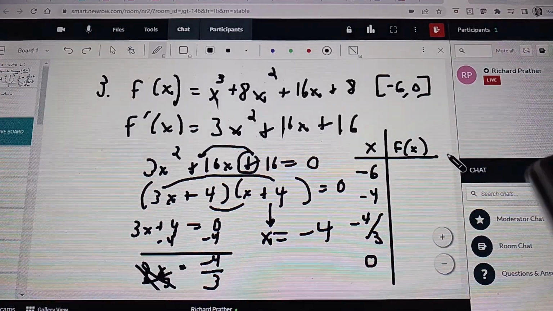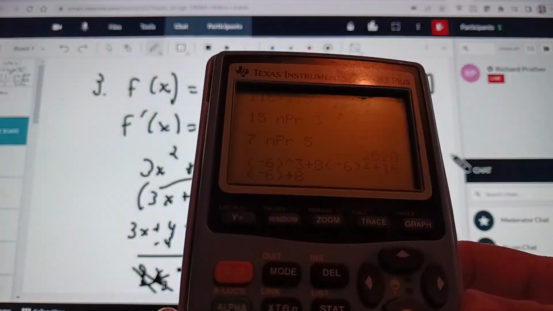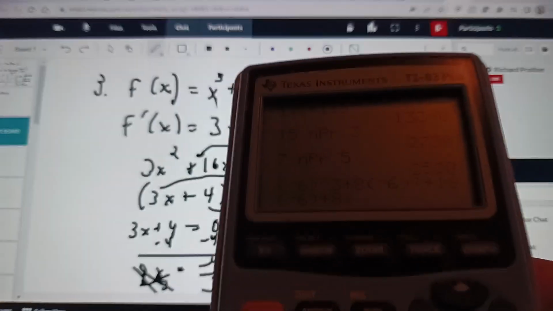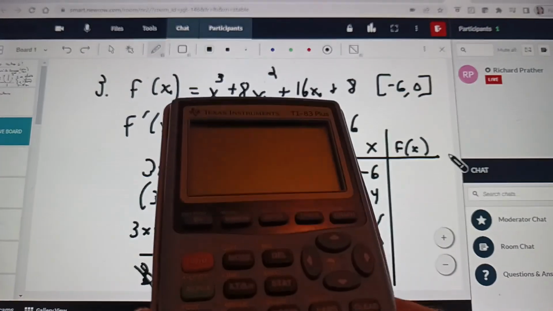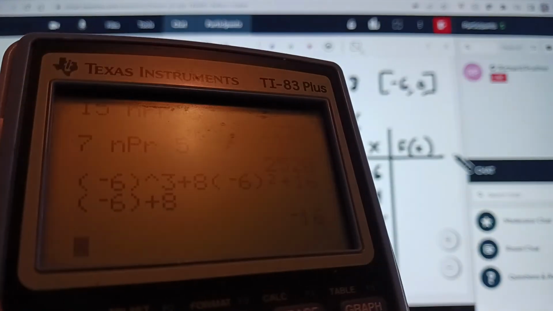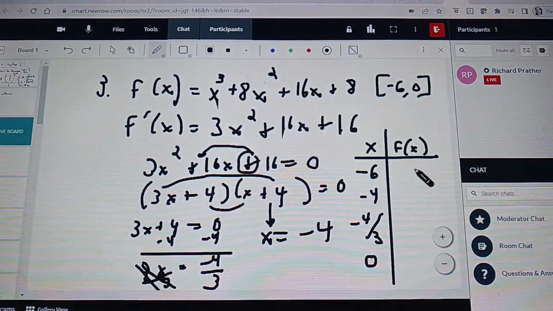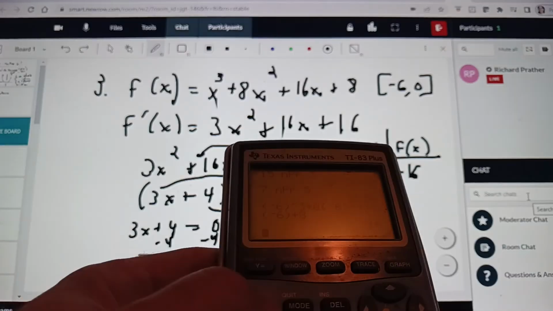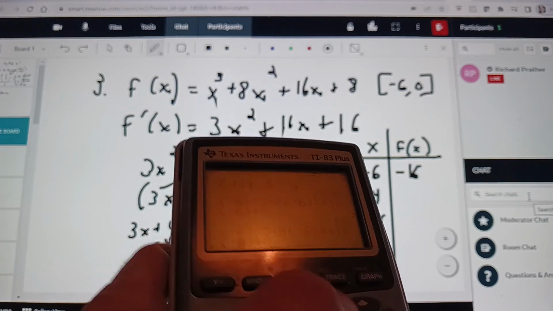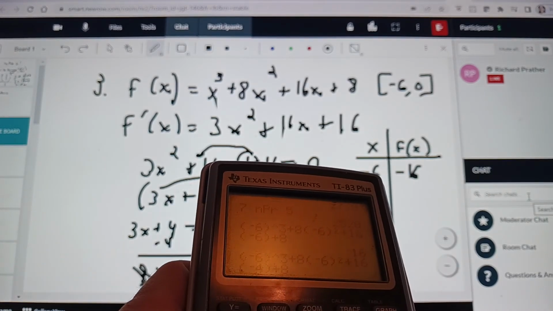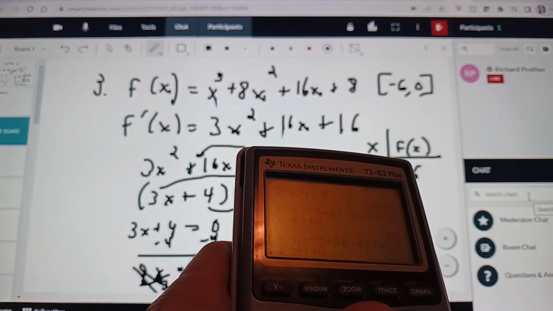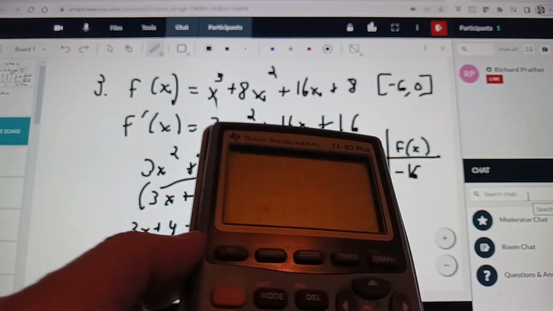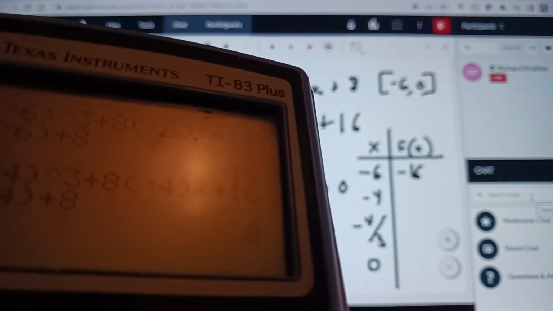Okay, so I typed in negative 6 where all the x's are. And equals, I just got negative 16 for an answer. When I plugged in negative 6, I got negative 16 for a y value. Now change the negative 6's to negative 4's. Now the y value is positive 8.